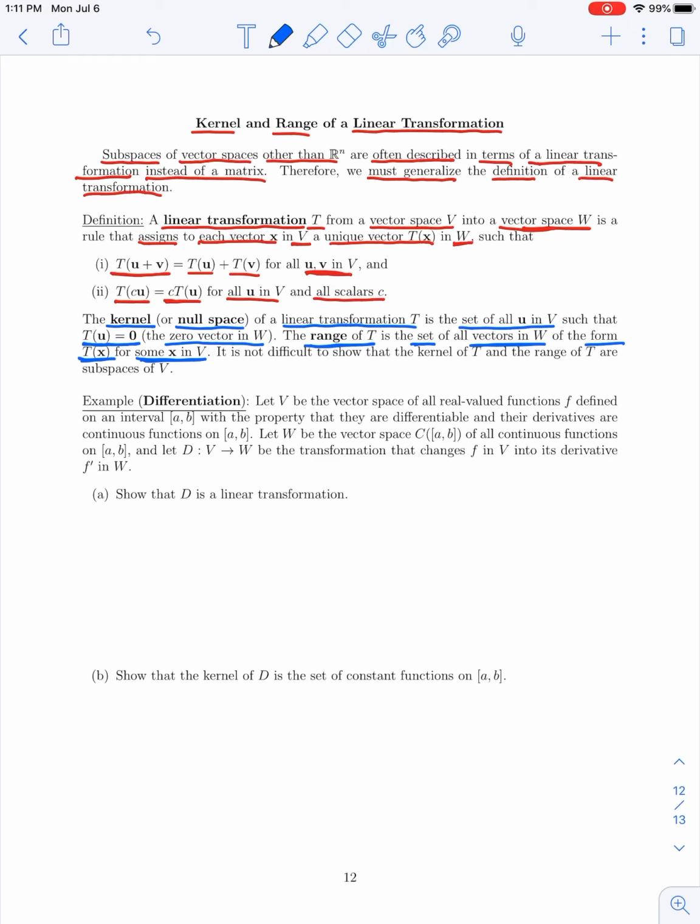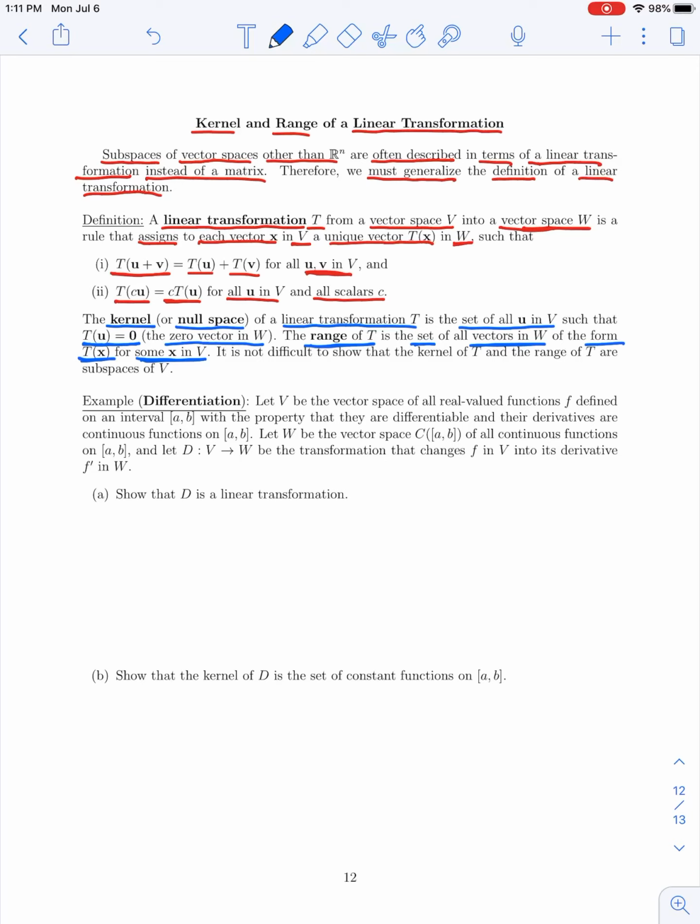So the range of T is the set of all images of vectors in V under this transformation T. And we can see that these definitions of a kernel or range of a linear transformation would be exactly the same as the null space or the column space of a matrix if we're talking about a linear transformation from Rn to Rm defined by matrix multiplication.